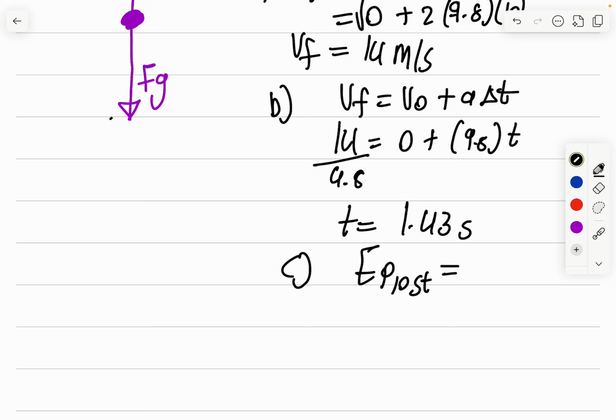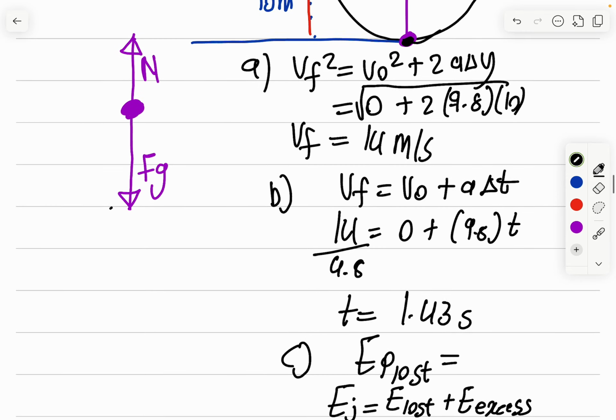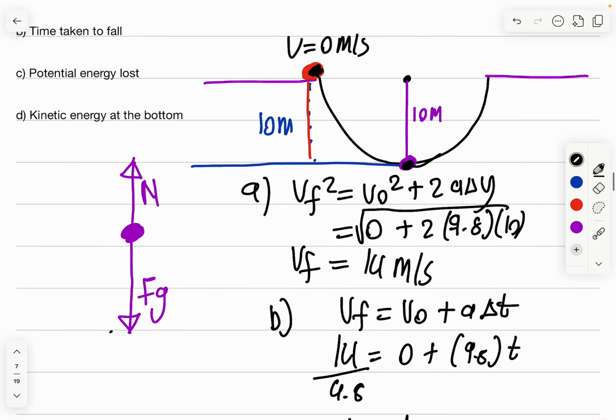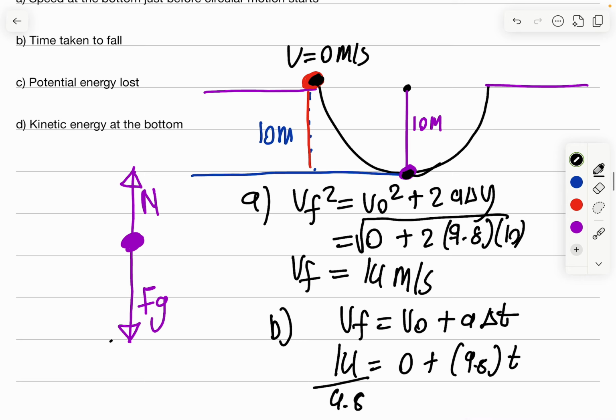These things are practical. The potential energy initial equals the potential energy lost plus the potential energy excess. You can say excess or stored. So what is the potential energy excess? It is the one that is remaining, ne? So potential energy initial is here, the one that is remaining is here.